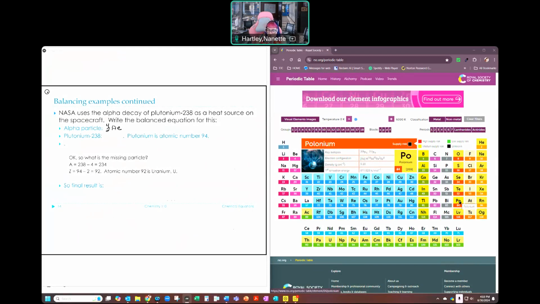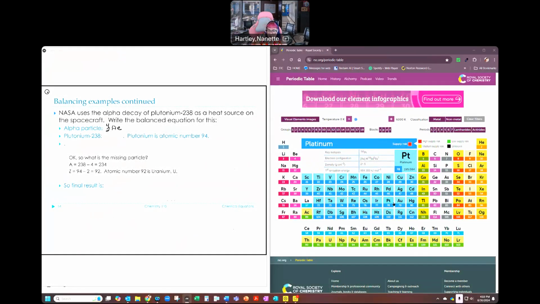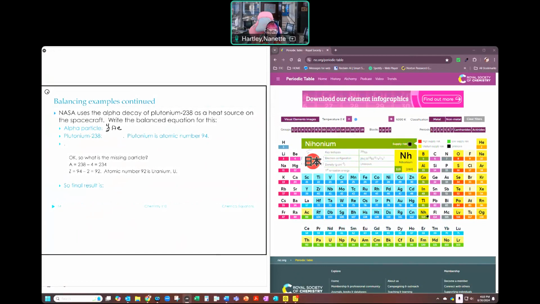Where's my plutonium? Darn good question. Oh, that's platinum. He's not that one. Half the battle is trying to find them on the table. See if I can find them on my exam handouts.